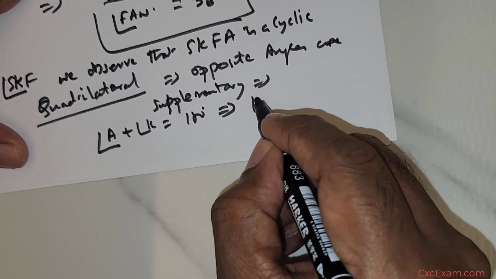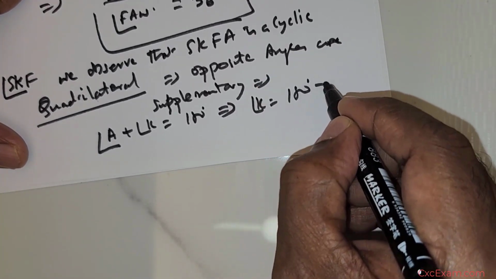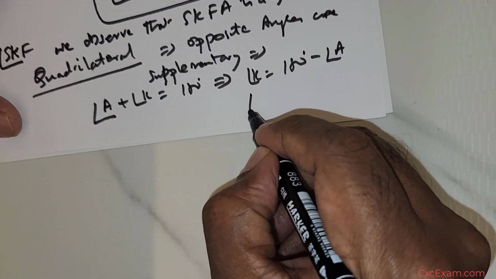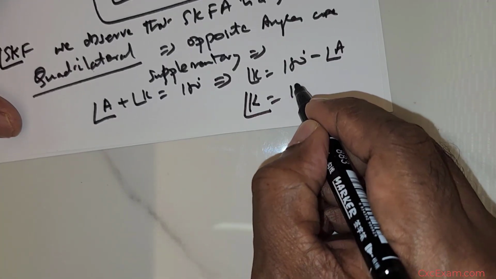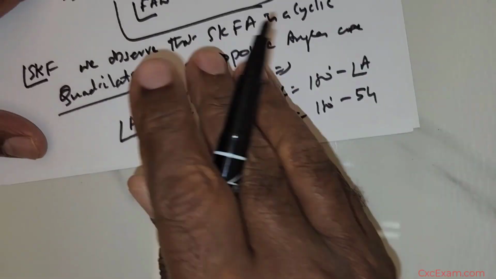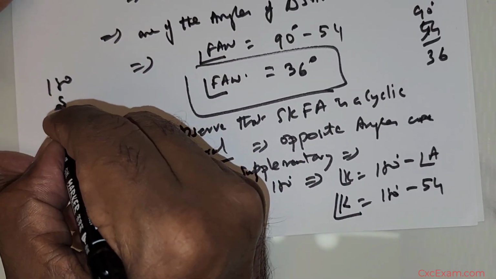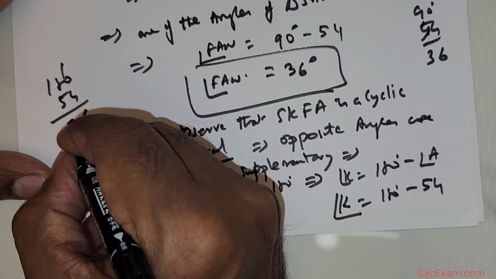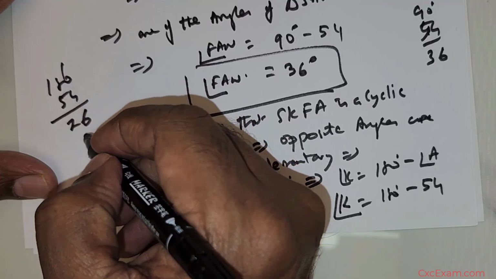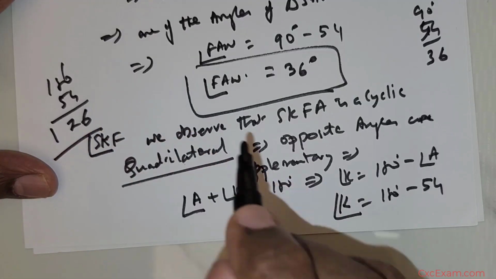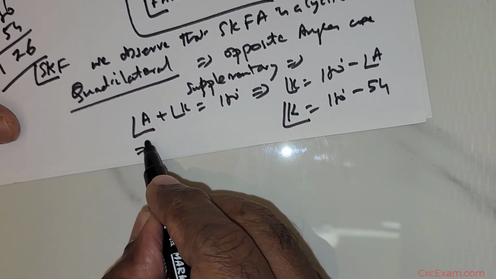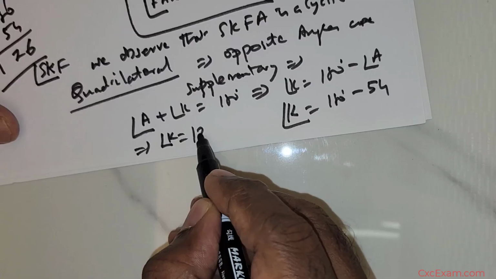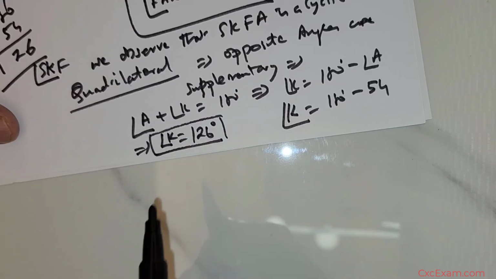We need angle at K, so angle at K is equal to 180 degrees minus angle at A. So angle at K is 180 minus 54. From 180 you take 54, 10, 6, 7. From 7 you take 5, you get 2. So 126 degrees. So angle at K is equal to 126 degrees. So that's the solution.